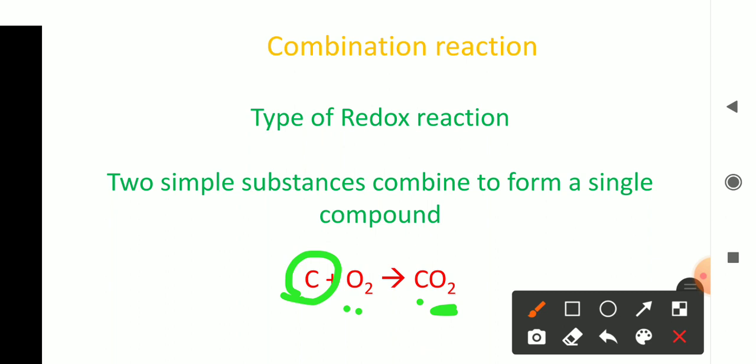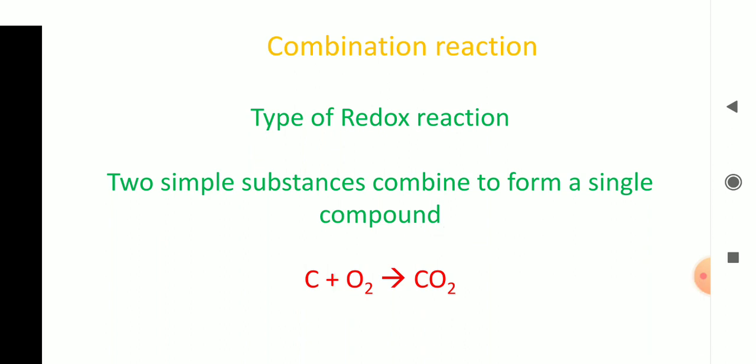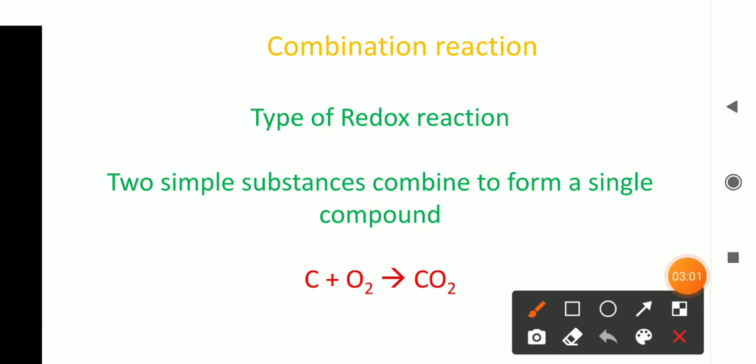So in this case of carbon dioxide, what is the charge of carbon? If you calculate using the oxidation number rules, the charge of carbon will be +4, and we know the charge of oxygen is -2. Look here, on the reactant side the charge of carbon is 0, whereas on the product side the charge of carbon is +4.